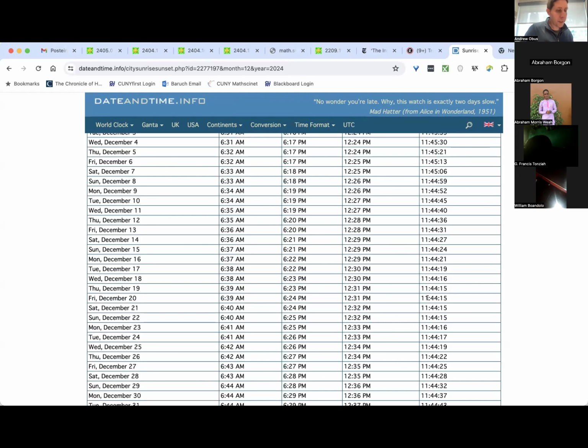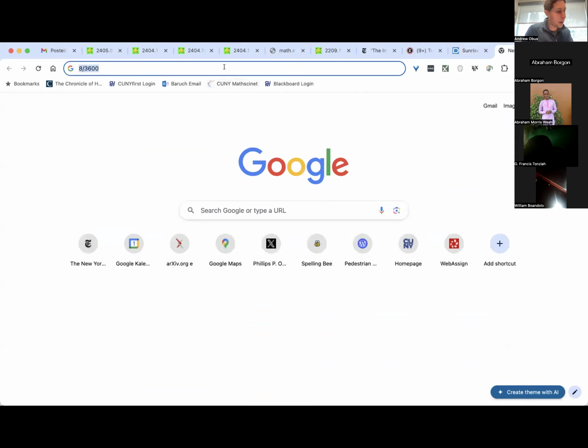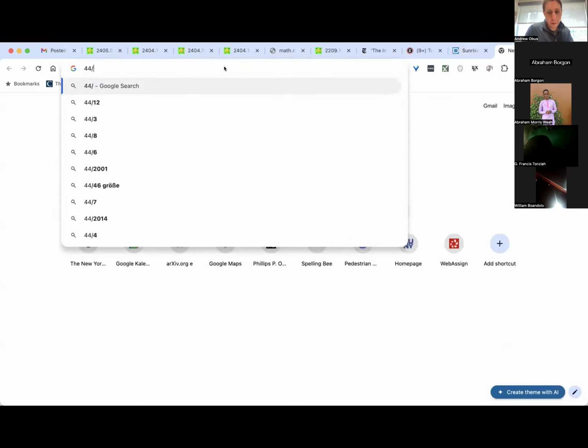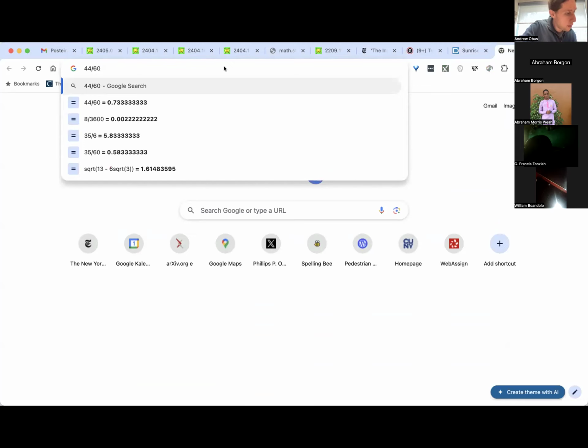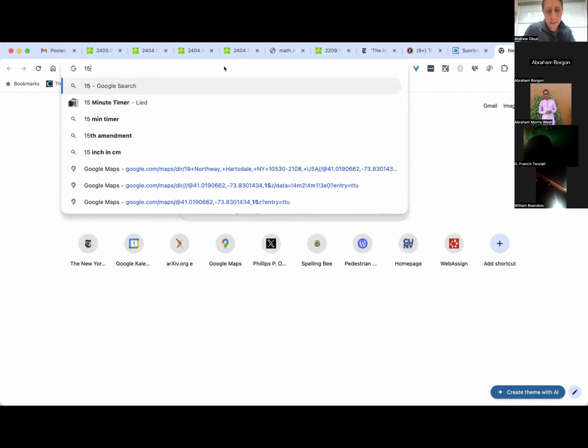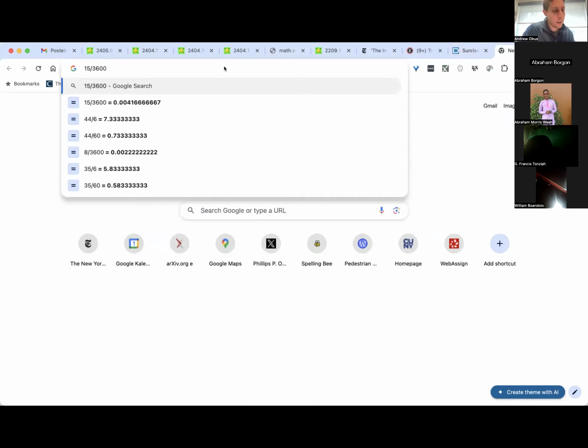So again, let's convert this into a decimal. For that, I need to do 44 divided by 60. So 44 minutes equals 0.73 hours. And for 15 seconds, I do 15 divided by 3,600.